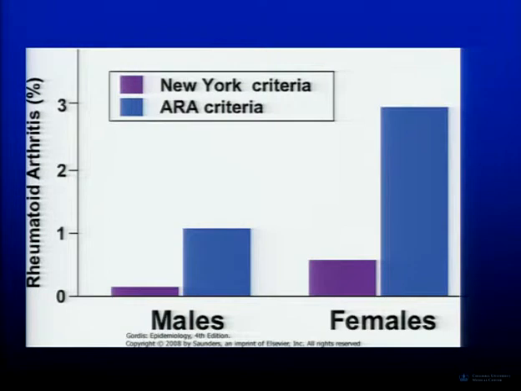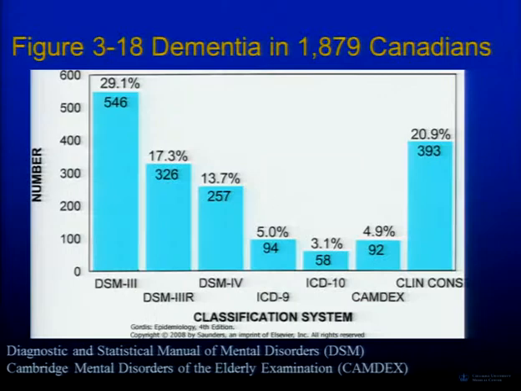And depending on which way you did that, again, you will have totally different rates of vertebral fractures. So, as I said, there was a similar example in dementia, and this was a Canadian study. When they used different criteria, so this was whether or not these almost 2,000 people had dementia.